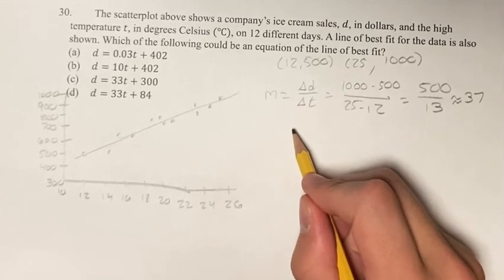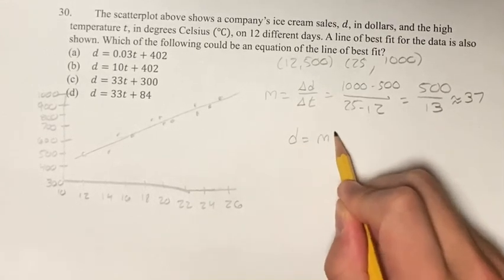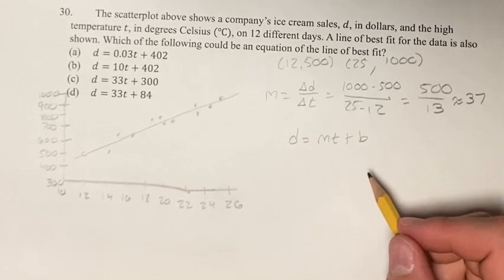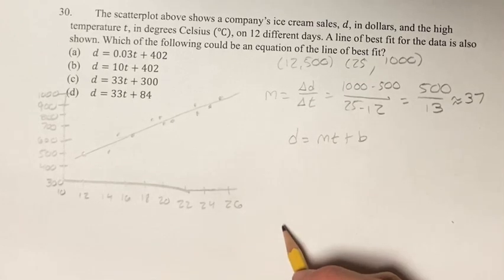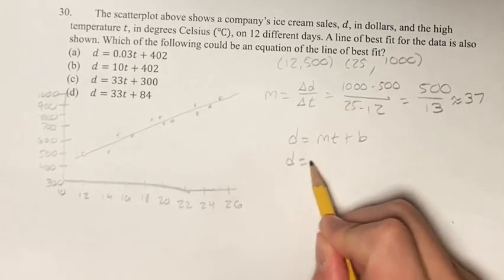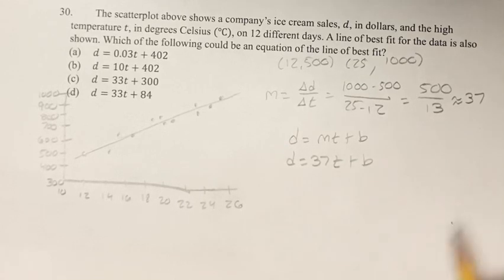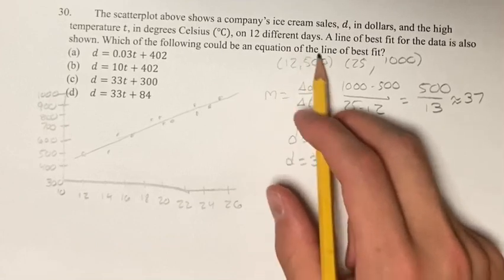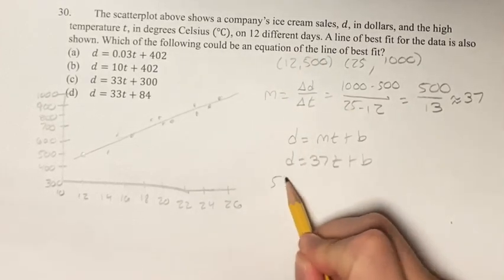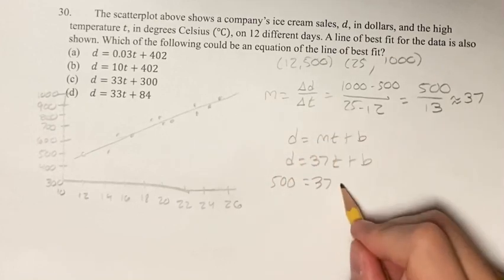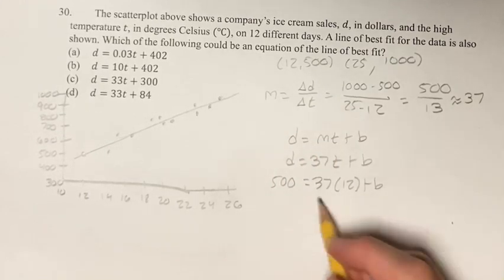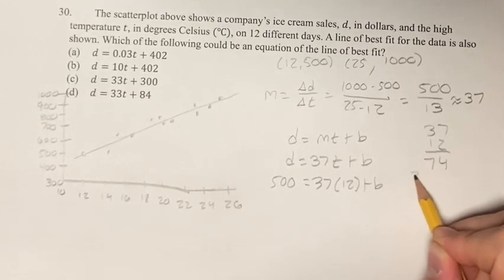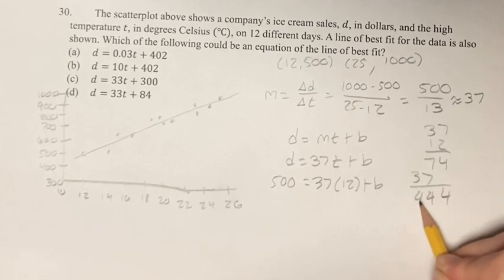So we take that and we say, okay, we have D is equal to MT plus B. Just like you'd have y is equal to mx plus b, we have D equals MT plus B. We're just putting in different variables. We know M, our slope, is roughly 37. So 37T plus B. And we have a point that we can put in where we plug in 500 for D is equal to 37 times 12 for T plus B. 37 times 12 is 444.